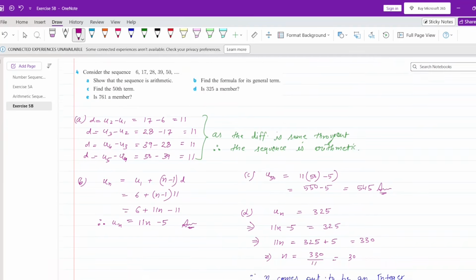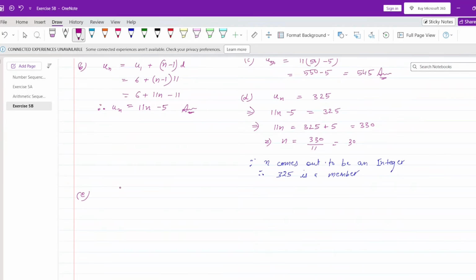Is 761 a member? So let's do the same for 761. un equals 761. If we substitute the formula, we get 11n minus 5 equals 761, and 11n equals 761 plus 5, that is 766. Now n equals 766 divided by 11.